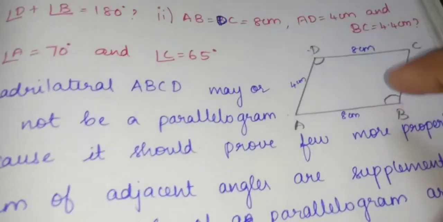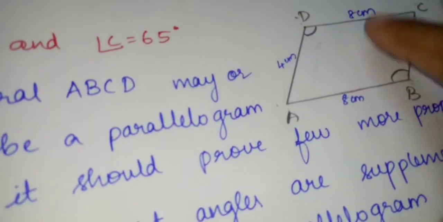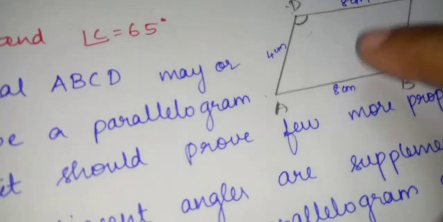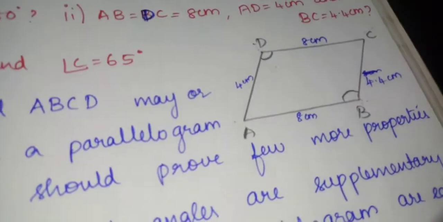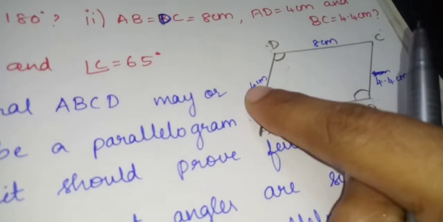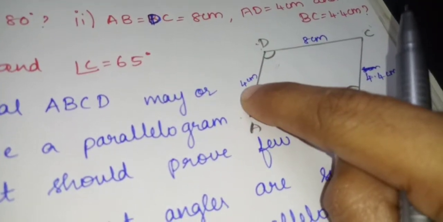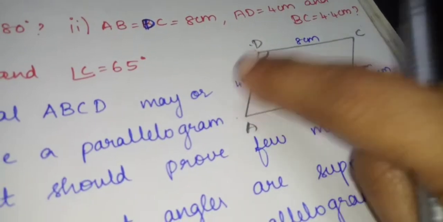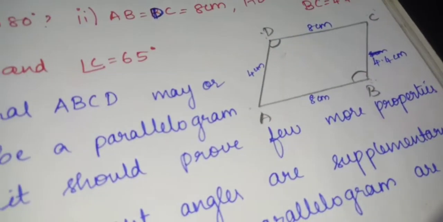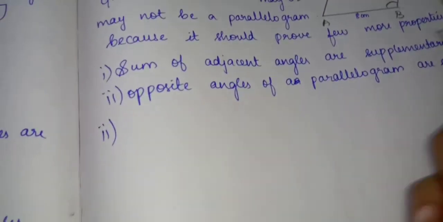See, these two are opposite sides, they are equal. As per parallelogram condition, opposite sides are equal. But here, this is 4 centimeter, but this is 4.4 centimeter. So actually, opposite sides are not equal here. So we cannot say that it is a parallelogram.